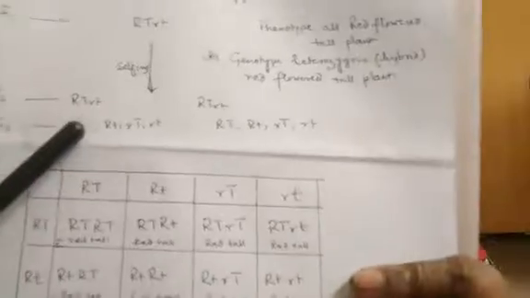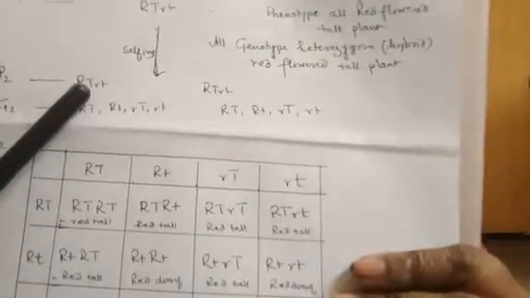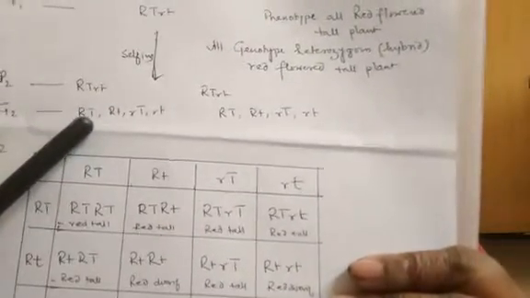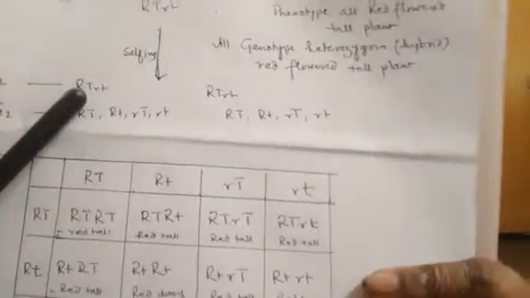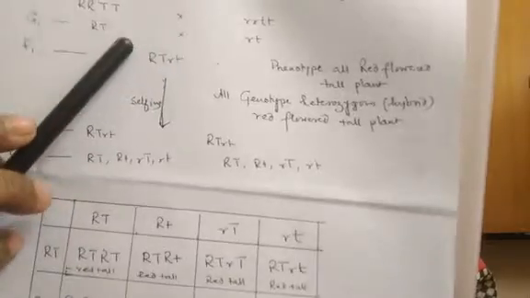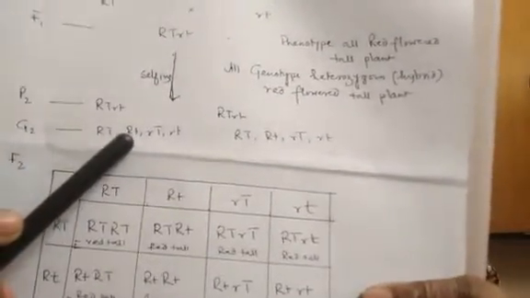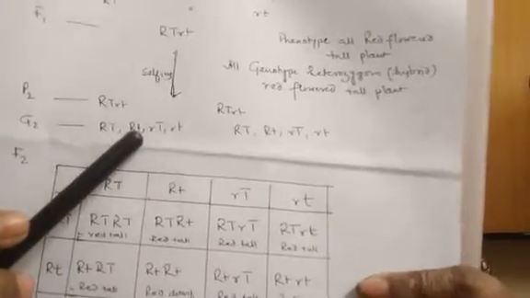So we can see that during the gamete formation, the factors independently separate from each other and can join with the other ones. Capital R was there with capital T, but during gamete formation, capital R can combine with small t also.